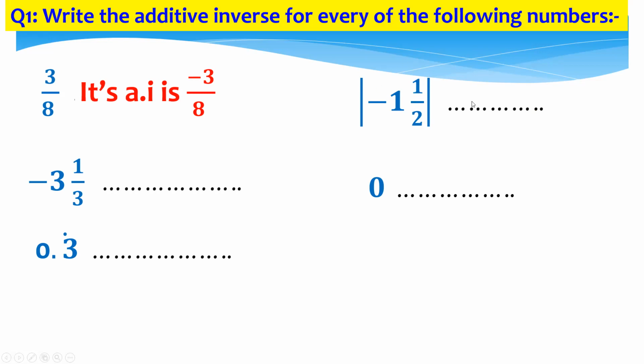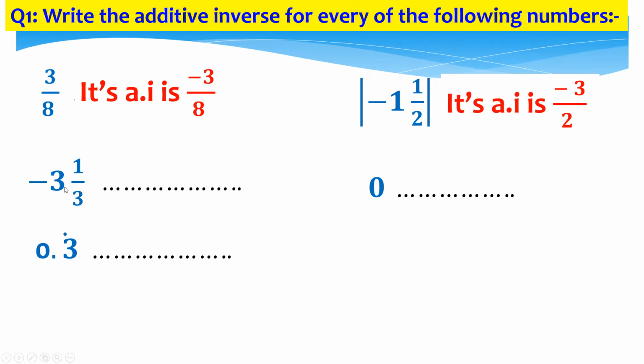It means the mixed number as an improper fraction will be 3 over 2. It means the additive inverse will be negative 3 over 2. Why? Miss, here I have negative. Attention, here is the absolute value. When I have the absolute value, the answer will be positive. It means the answer will be 3 over 2. I need to find the additive inverse, so I will change the sign: negative 3 over 2.